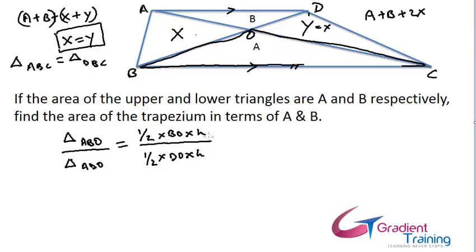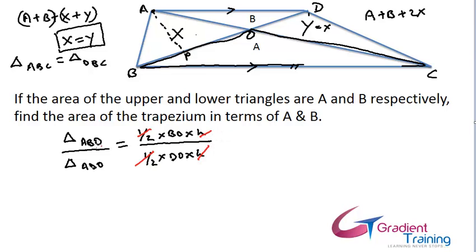Now take a moment and understand that these two heights are equal. Why? Because height is nothing but the perpendicular distance from the vertex to the base. Both these triangles lie on the same base, and both these triangles have a common vertex, that is A. So for triangle ABO, the height is AP, and for triangle ADO also the height is AP. That means the heights are equal in length for both the triangles, and therefore you can cancel the common part, half and height.